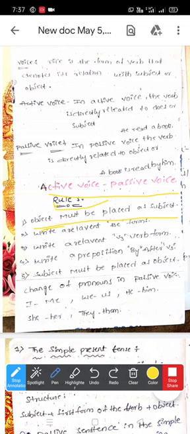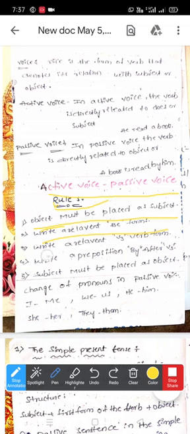Second, write a relevant be form. The be forms are is, am, are. After changing subject and object, write a relevant be form.